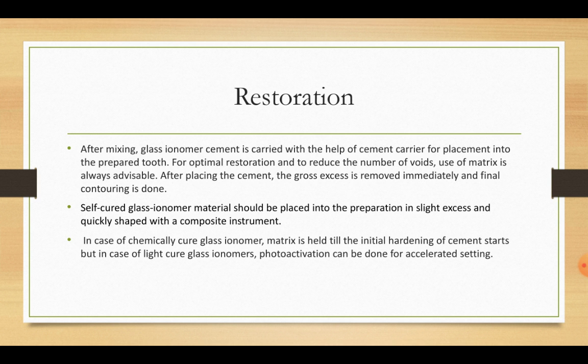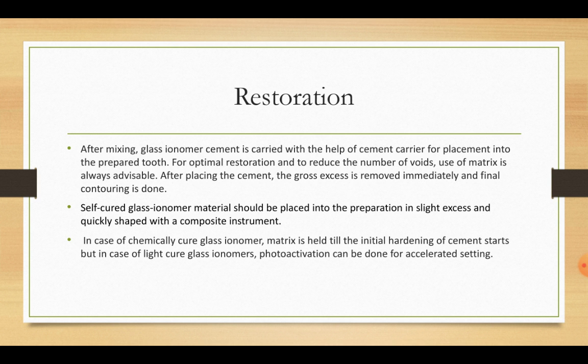It must be quickly shaped with a composite instrument. So the moment you remove the matrix, the restoration should be quickly shaped with a composite instrument. In this way, the initial contouring of the restoration is done.